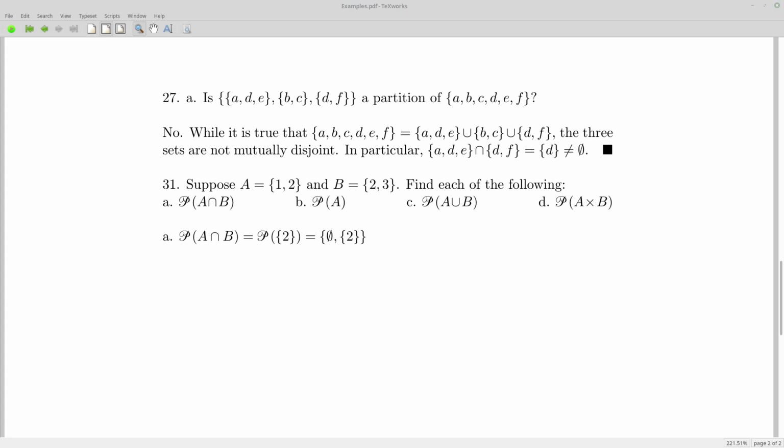All right, so what do we have for part B? Power set of A. And so A is the set of elements 1 and 2. We need to compute the power set of this 2-element set. And so once again, let's be explicit with what A is, and recognize that the empty set will be included.